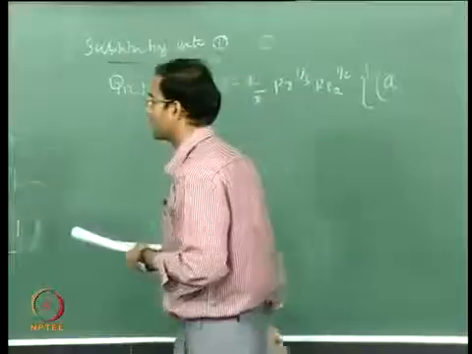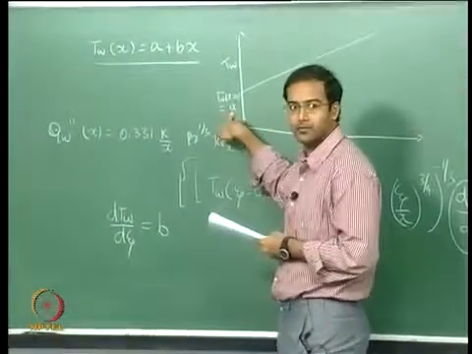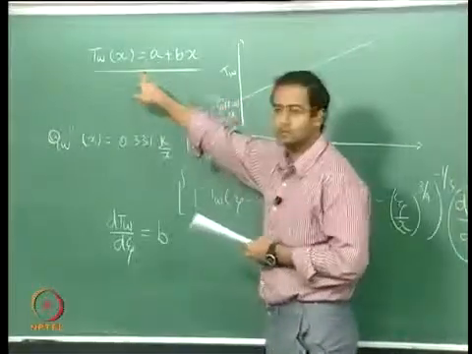So T wall at zeta equal to 0 is nothing but a. Okay, so right at x is equal to 0, this is nothing but a.